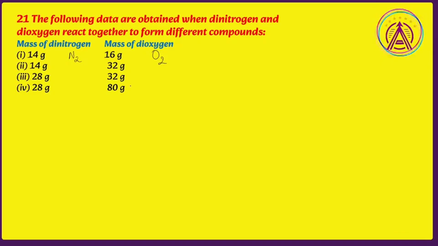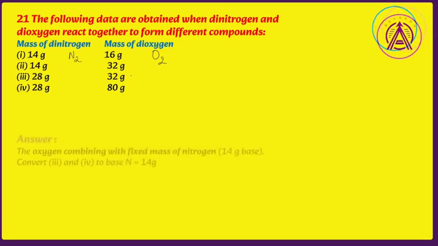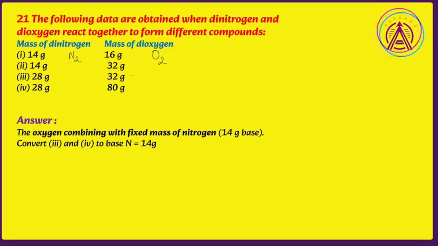Okay, so what is the question we have asked? The oxygen combining with fixed mass of nitrogen, that is 14 grams. Convert third and fourth to base nitrogen equals 14 grams. So here you have 28 grams reacting with 32 grams in case 3. In case 3, you have 28 grams reacting with 32 grams of oxygen, correct?